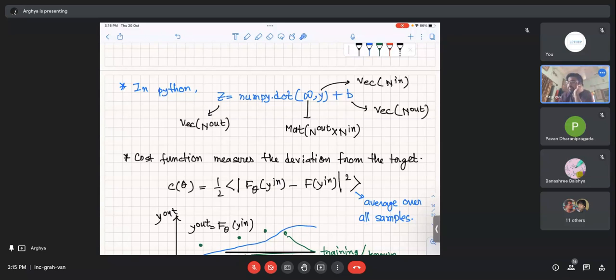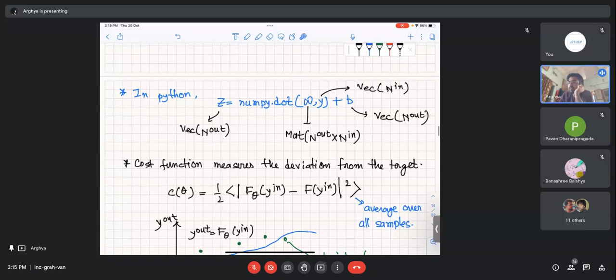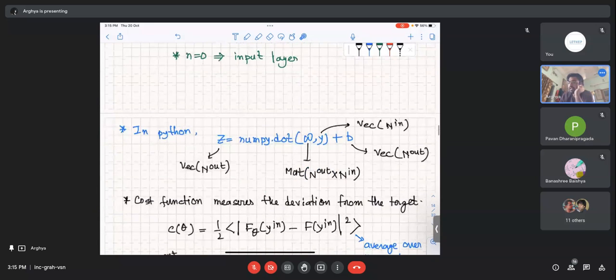So in Python, this whole z calculation that you have can be written as simply as that. NumPy is the numerical Python library that is very much used, and you can just install it on your machine. And there you just write numpy.dot with W and y and add b.